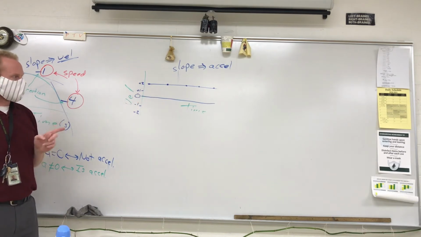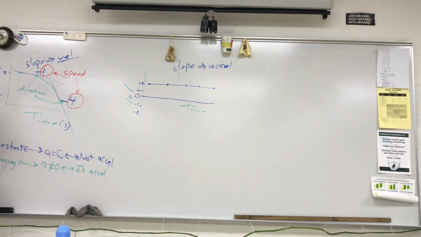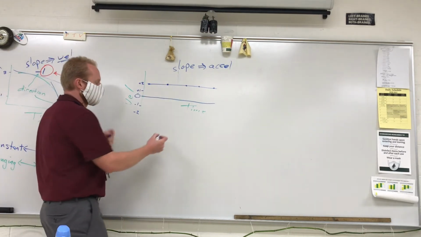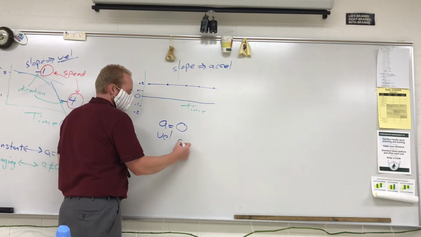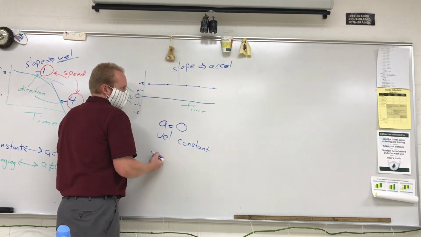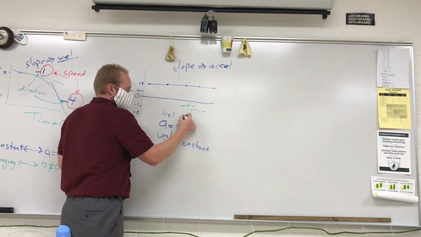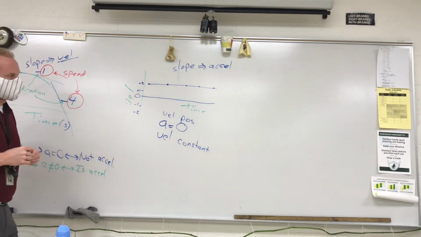So it is moving in a positive direction, to the right. We said that my slope is acceleration, so my acceleration is 0, which means my velocity is constant. We can say that my velocity is positive because we read it off that one.